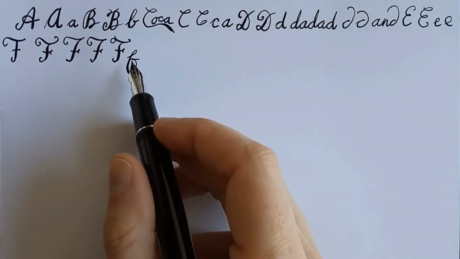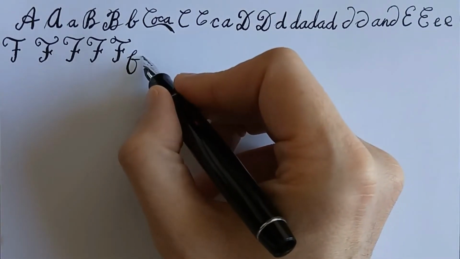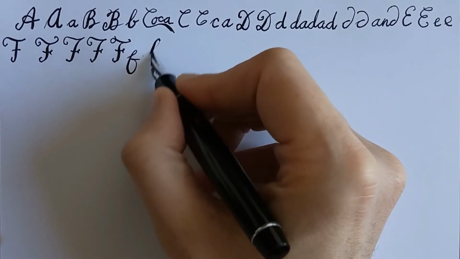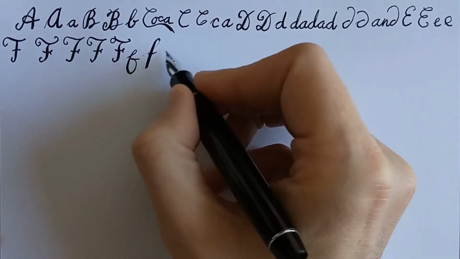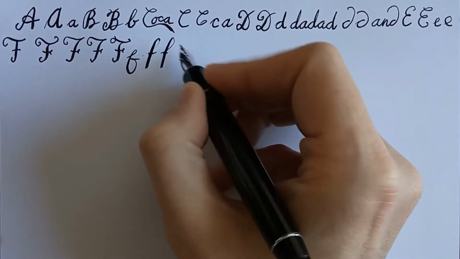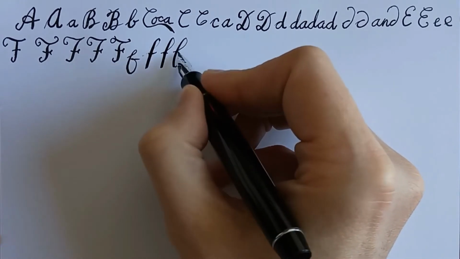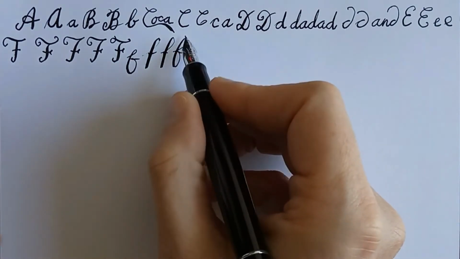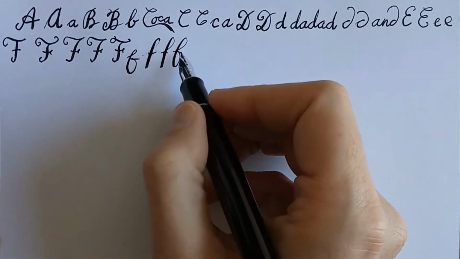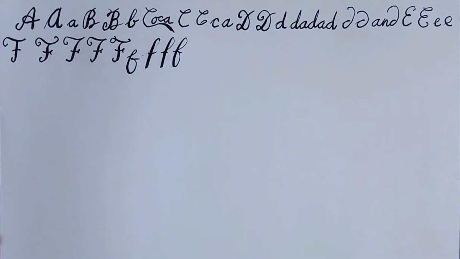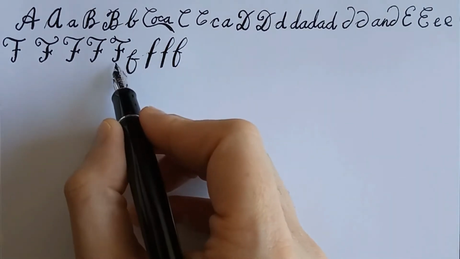I find this a little bit confusing, and I prefer to do this style of F, either like this or like this, where you have an ascender and a descender, where the small f is basically the tallest letter you'll ever write because it goes below the baseline.